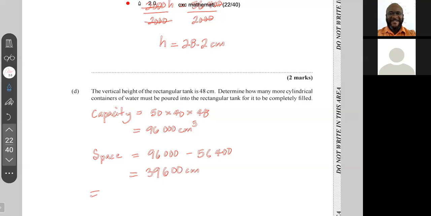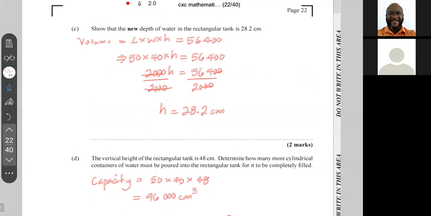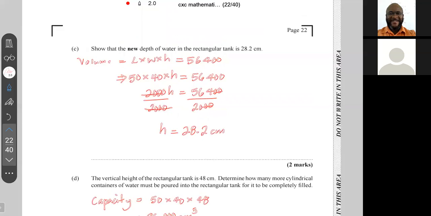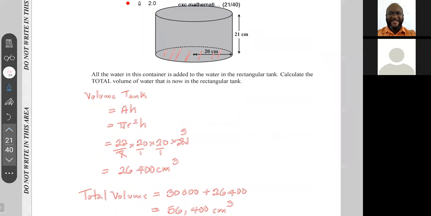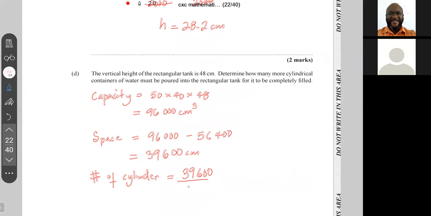Now, the number of cylinders would be the total volume remaining divided by the volume of one cylinder. The volume of one cylinder is what? 26,400? Yep, 26,400. So divide this by 26,400.